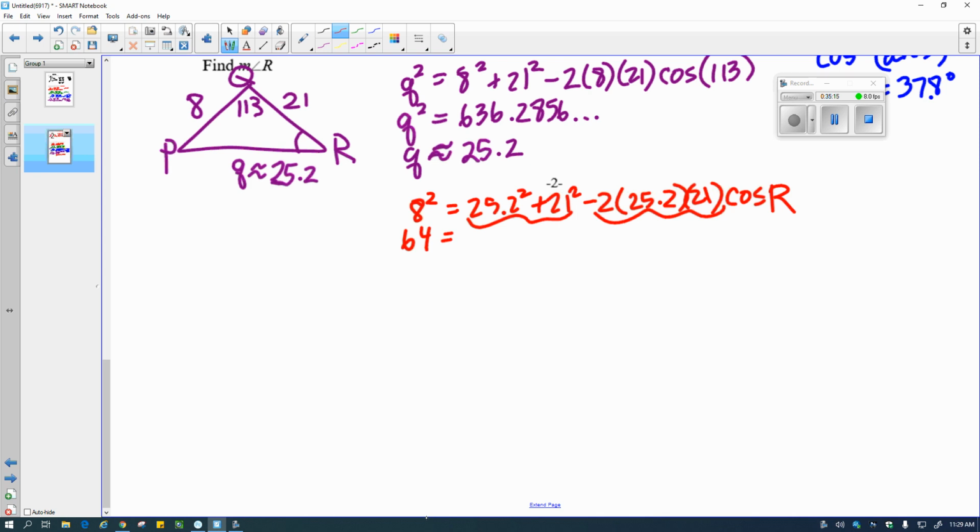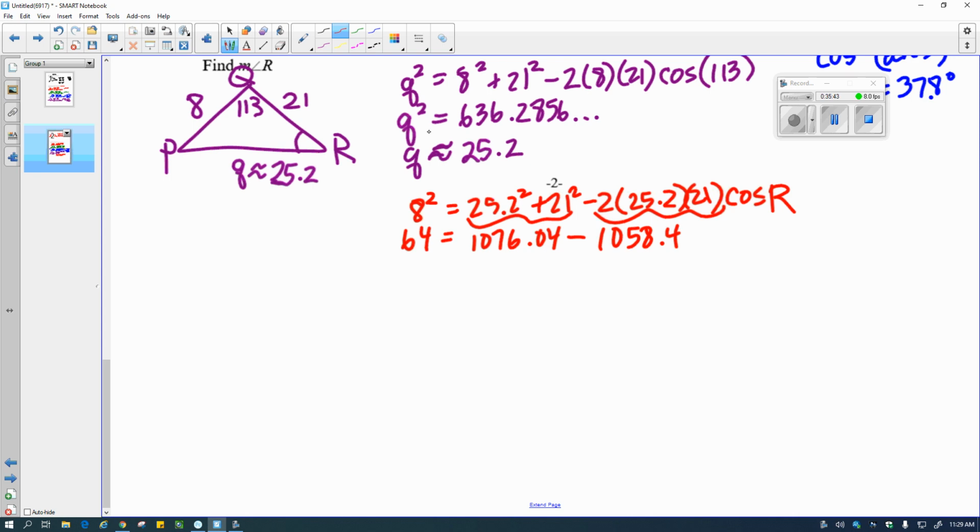Anyways, so we have 64. We have 25.2 squared plus 21 squared. I'm going to get that piece. So for that, I got 1076.04. And then minus, then I'll do the 2 times the 25.2 times the 21. And for that, I got 1058.4.